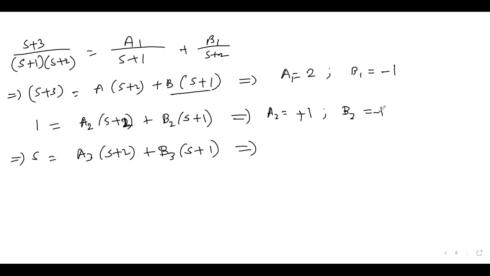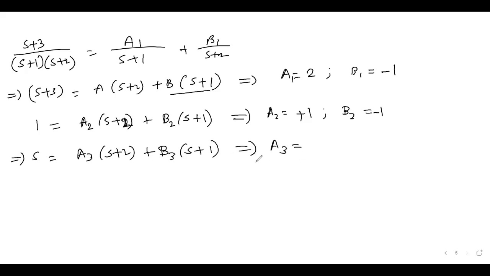ওকে, তারপরে বলো, so now this the last term s equal to a3 into s plus 2 plus b3 into s plus 1. স্যার 2 or -1 স্যার। So a3 equal to কত? So put s equal to -1, তাই তো? না, Imran, you are wrong.